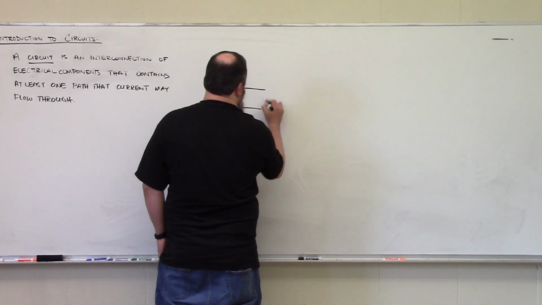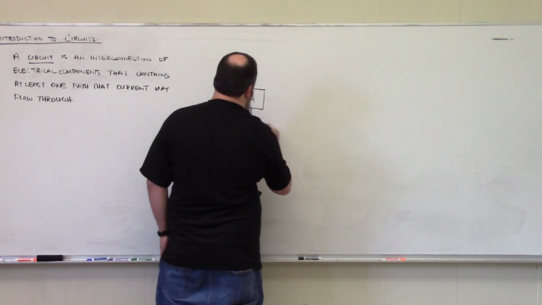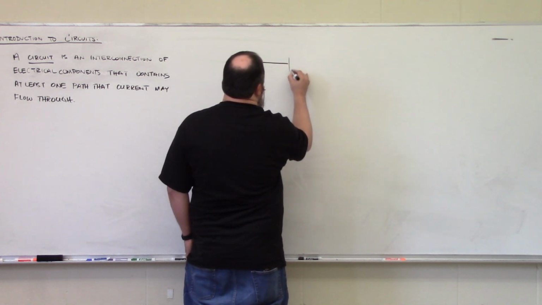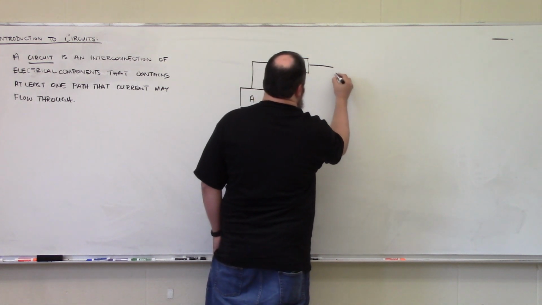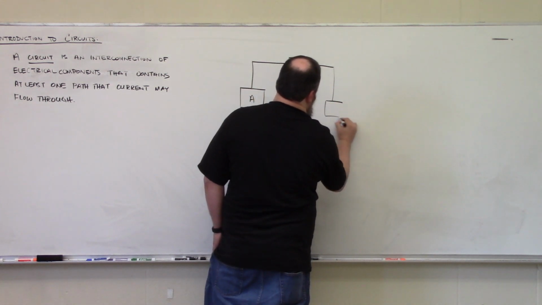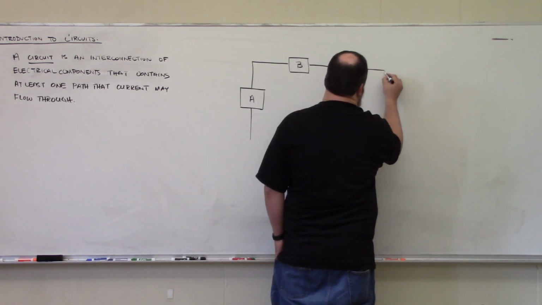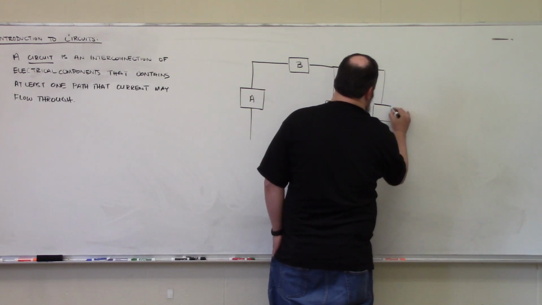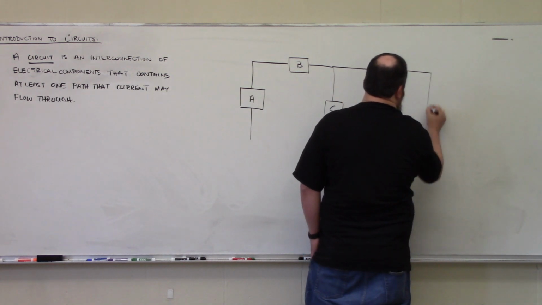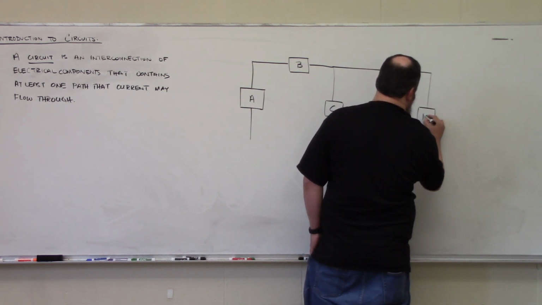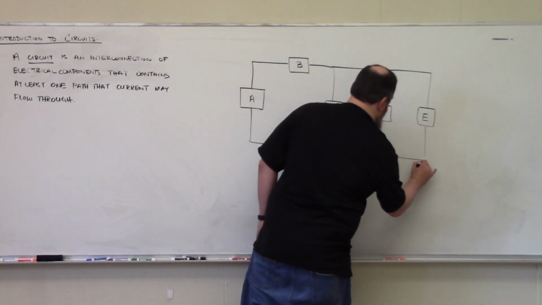We have some element A connected to some element B connected to some element C, connected to some element D, and finally we might have a fifth element, element E, like so.